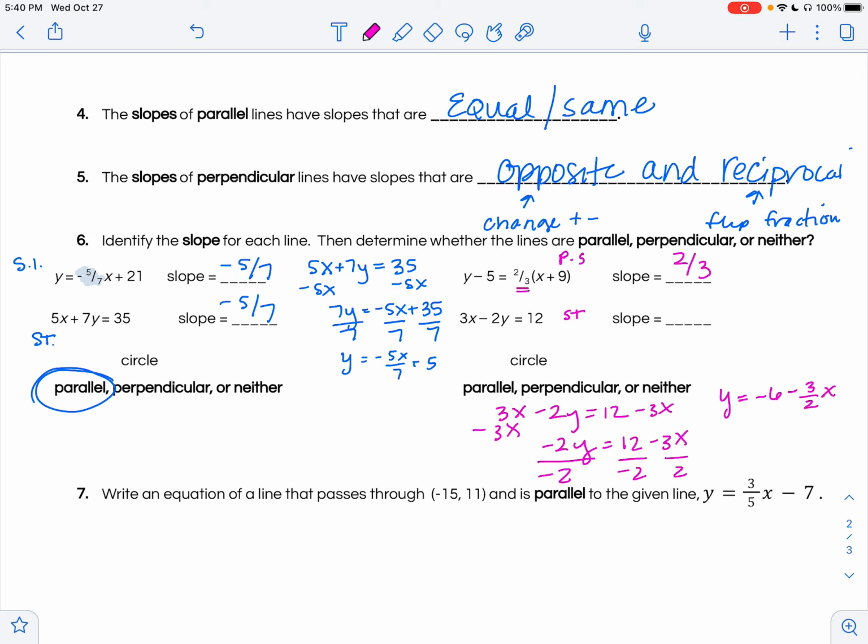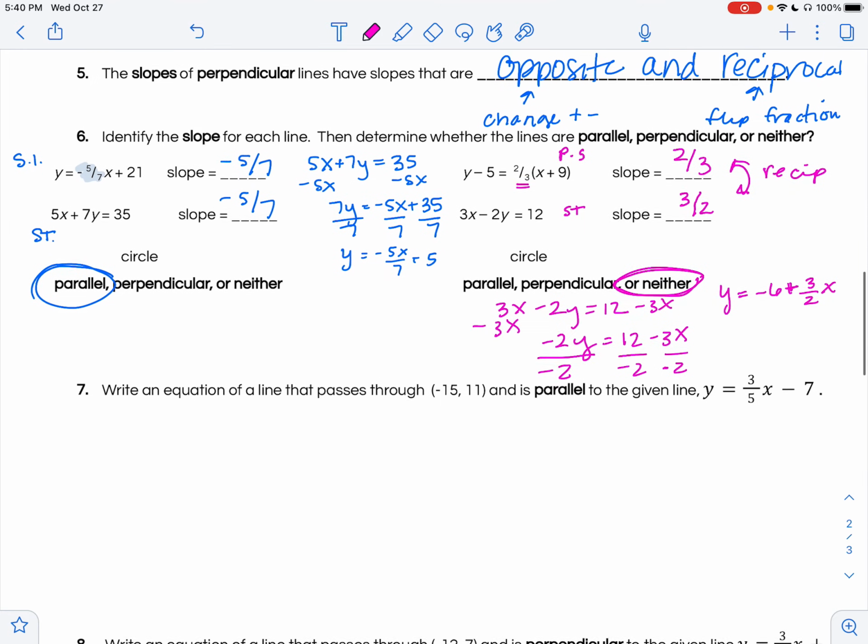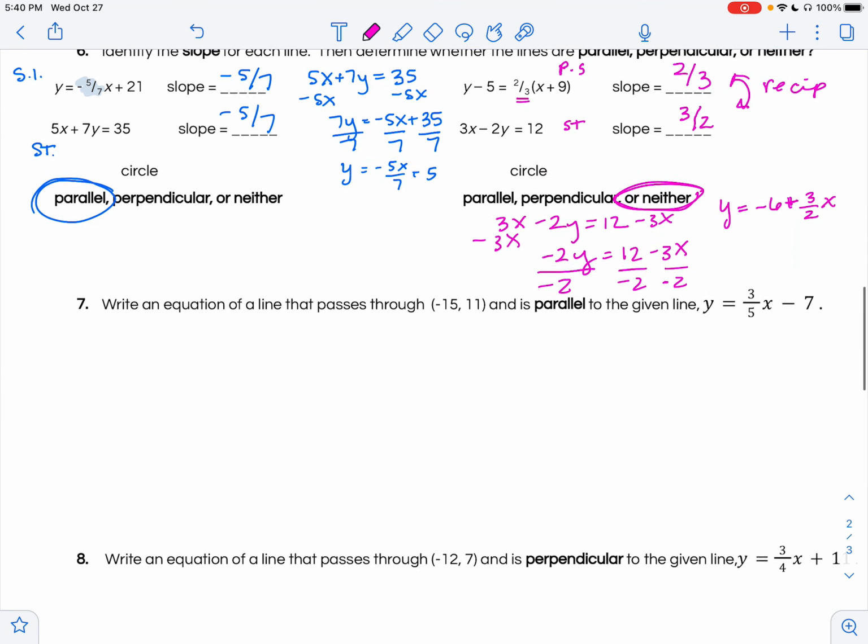So the slope of this one, oops, it'll be positive, made that mistake, +3/2. These are reciprocals of each other. So it's kind of like tricks you, right? They're reciprocals, but they are both positive. So these are a neither, okay, because they don't have opposite signs.